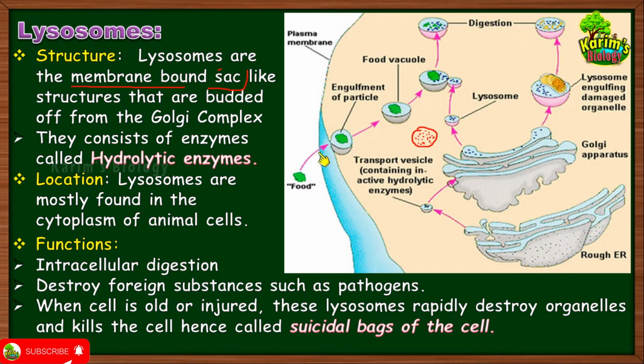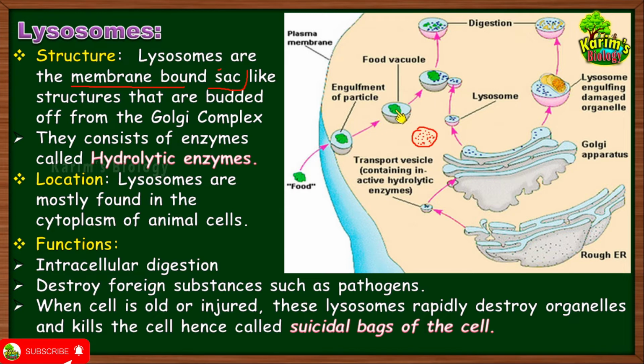When the food particle comes into contact with the cell membrane, it grows inwards and the food particle is taken into the cytoplasm. The cell membrane pinches off and forms a vacuole filled with food material taken from outside. So the food material is entering the cell from an extracellular place. Extracellular means from outside.